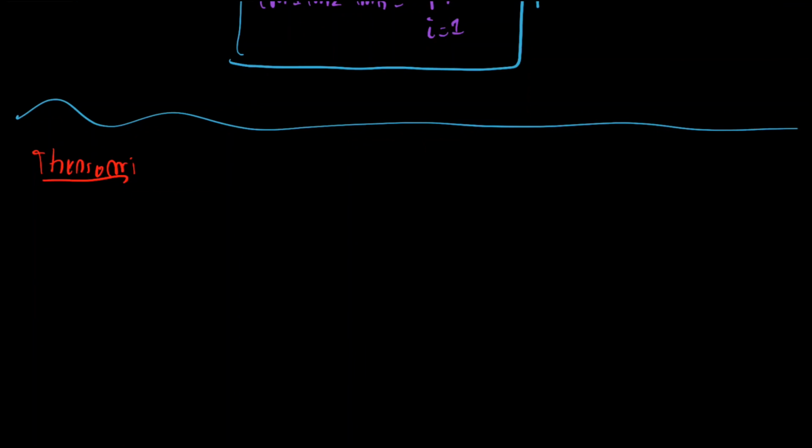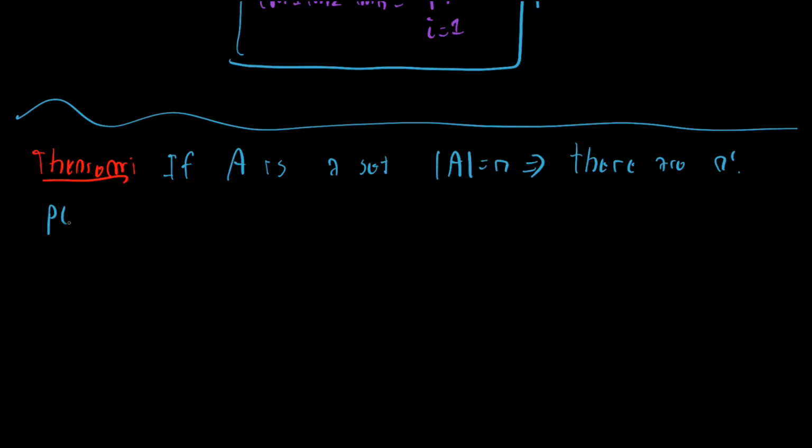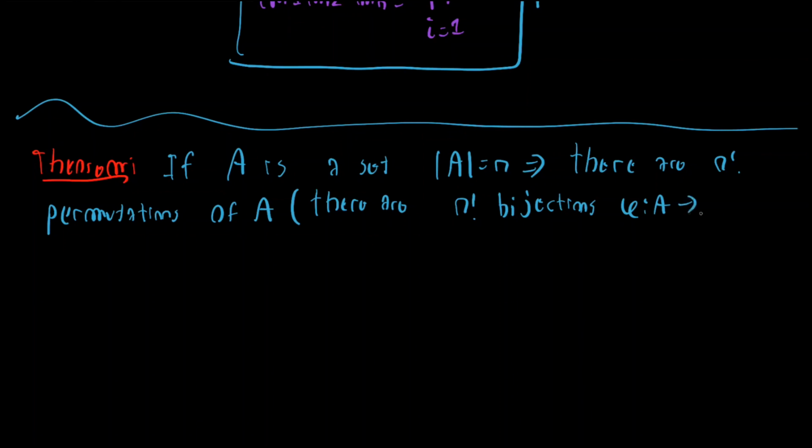If A is a set with cardinality n, then there are n factorial permutations of A. And we will actually prove a result that is a little more general than this, and that is there are n factorial bijections from A to itself. So bijections phi from A to A.